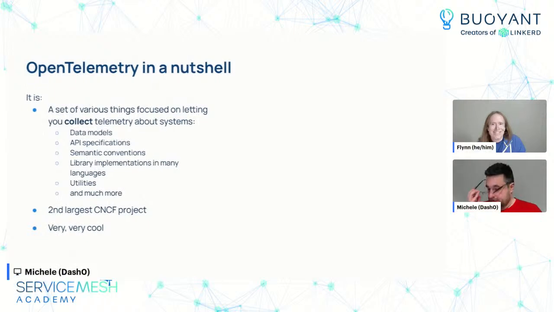So OpenTelemetry is a set of specifications, a set of pretty high-quality implementations of ways of collecting telemetry for applications. And if you think about telemetry, it's mostly at the moment distributed tracing, logs, metrics, but there are also things coming up like production profiling. There is real user monitoring for websites and mobile with different levels of maturity. So it's a very encompassing project for most of your telemetry collection needs.